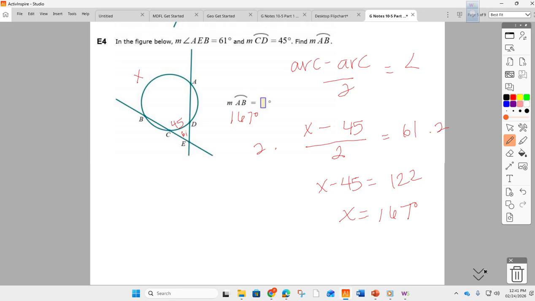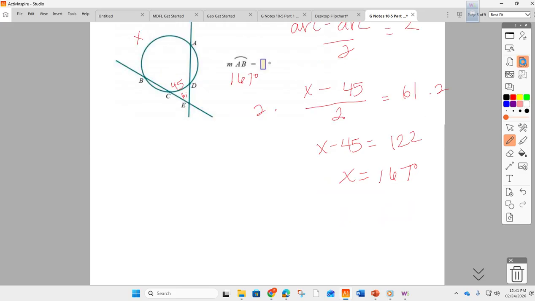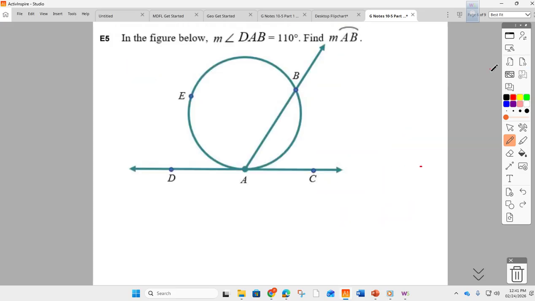All right, caught up with me? All right, in the figure below, the measure of angle DAB is 110 degrees. So let's mark our diagram. DAB, 110 degrees. They want us to find the measure of arc AB.